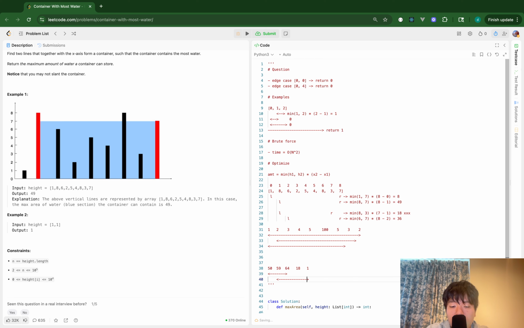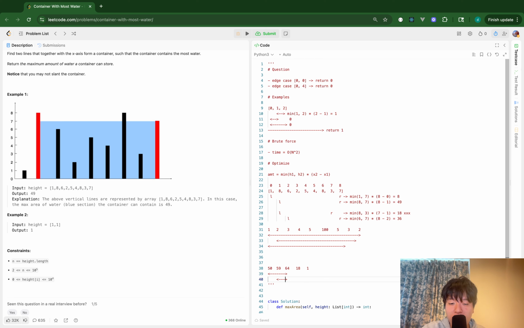And I will think how much I should shrink. Because this 59 is higher than 50, it's worth moving the right pointer until this 64, which is larger than 59.